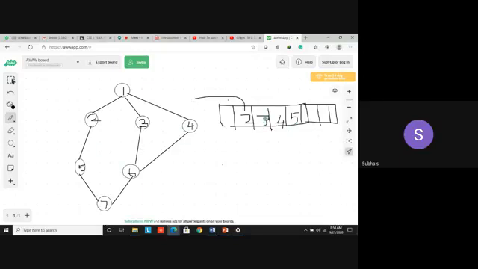Now, what is the next element in the queue? 3. What do I have to do? I have to remove it. After DQing, what do you have to do? Put its adjacent node. If no node, no problem. Go to the next node. So is there any adjacent node for 3? Yes, 6 is there. Place 6. Yes.